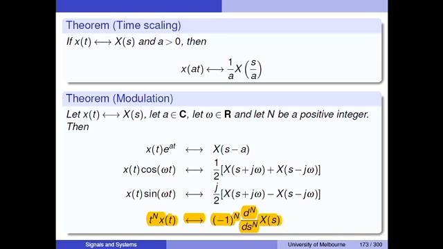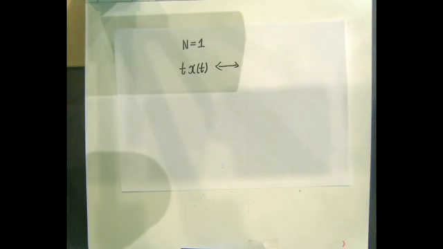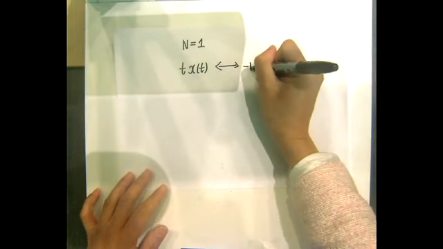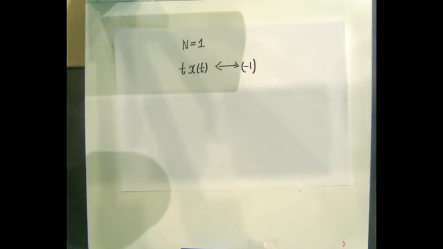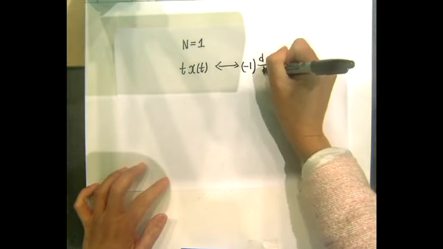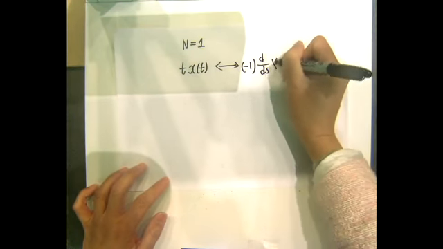When n equals 1, I need to show that t x(t) corresponds to, when capital N equals 1, minus d/ds of X(s).